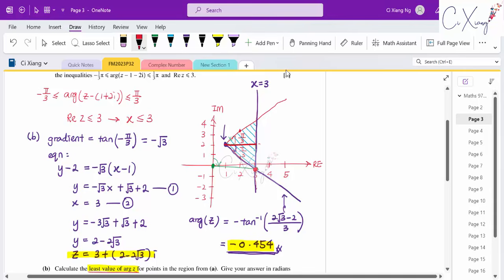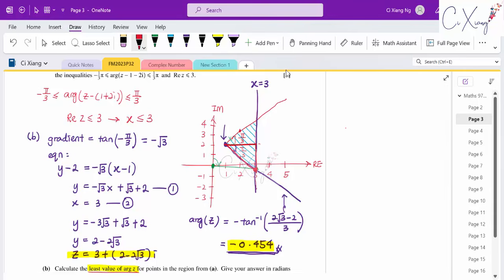If you observe the triangle I draw out here, the angle here is pi over 3, right? And this horizontal line has 2 units, from 1 until 3.